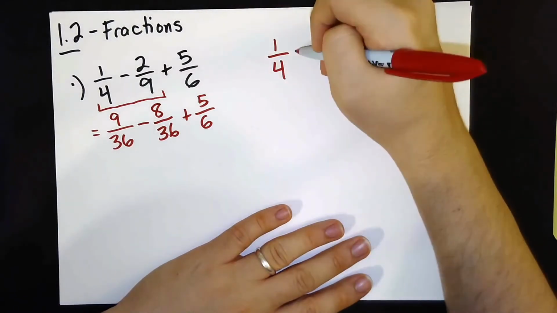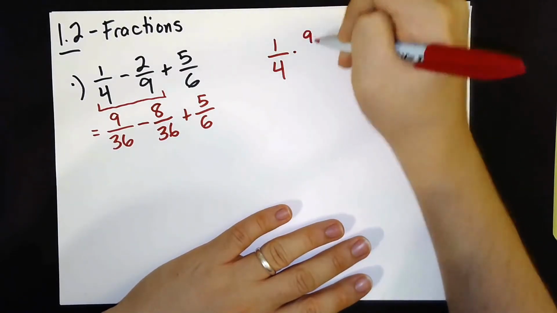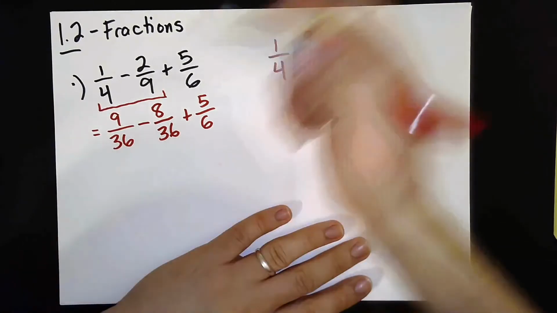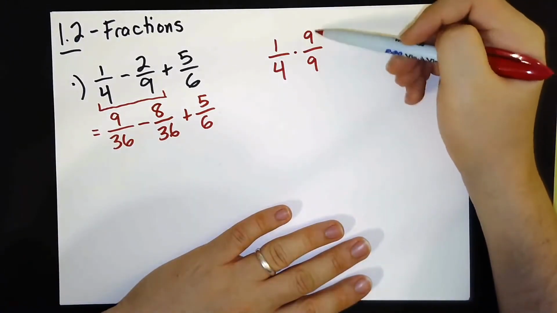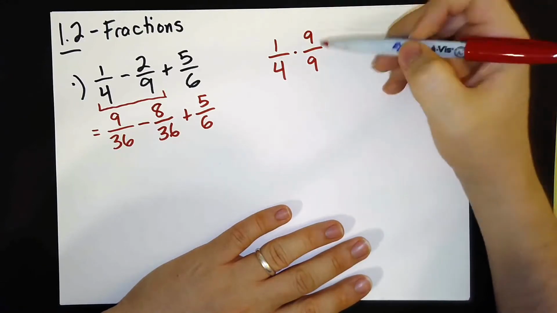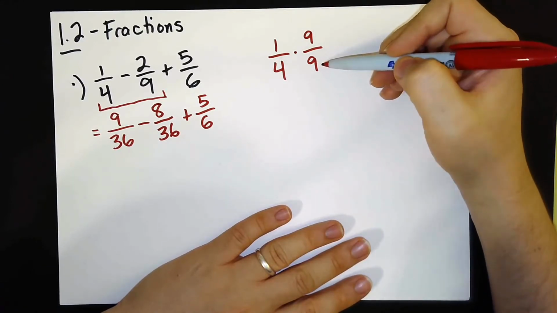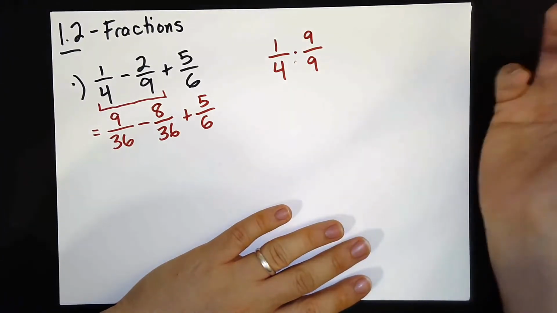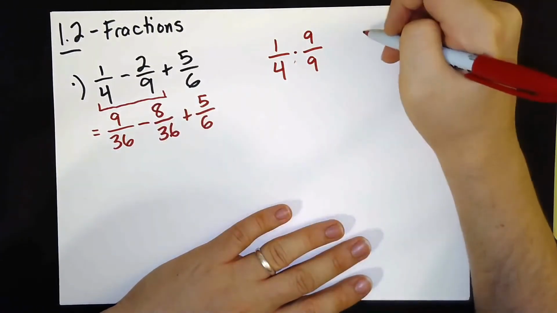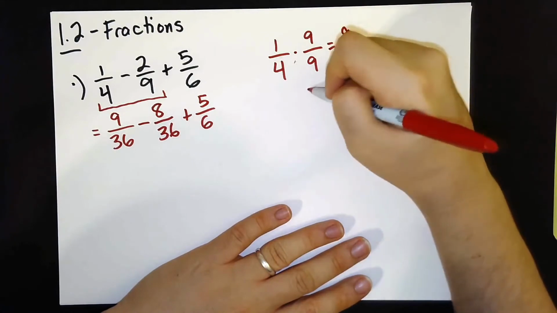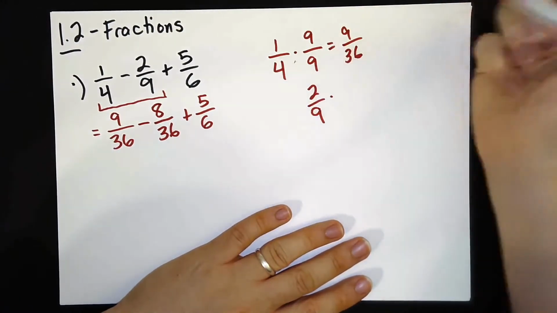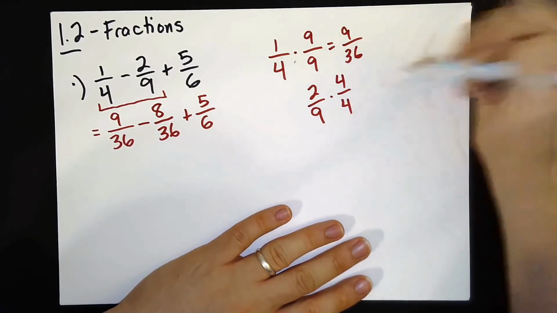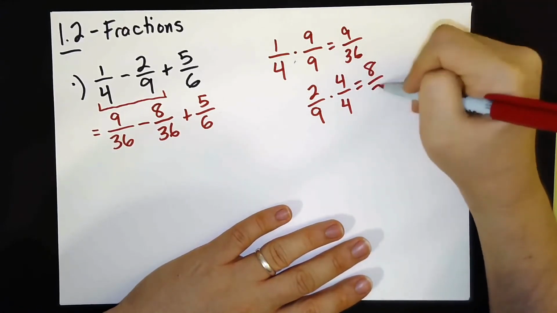And the way I did that was to multiply the numerator and denominator by 9. And the reason why that's an okay thing to do is because 9 divided by 9 is 1. So I'm really just multiplying by 1, which I'm allowed to do. Likewise, when I had the 2/9 and I wanted to write that over a denominator of 36, I multiplied it by 4/4, which is where I got 8/36.